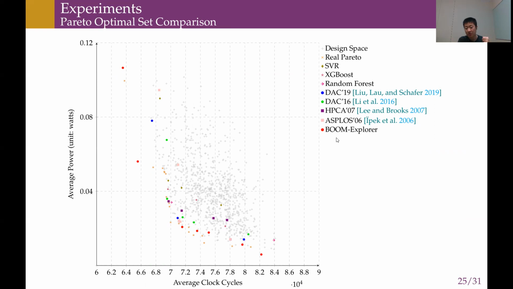The red circles are the microarchitectures found by BOOM-Explorer, and you can compare them with other microarchitecture designs. Through this visualization, we can see that the microarchitectures found by BOOM-Explorer are far closer to the real Pareto.